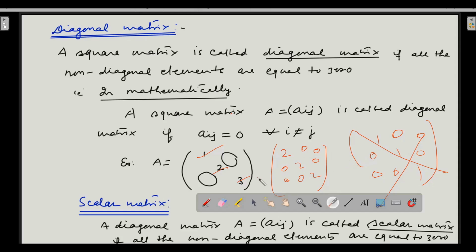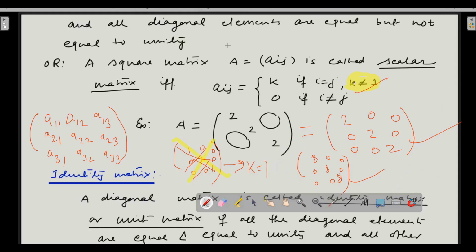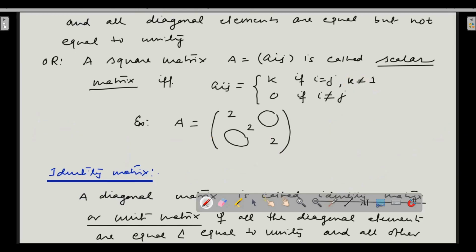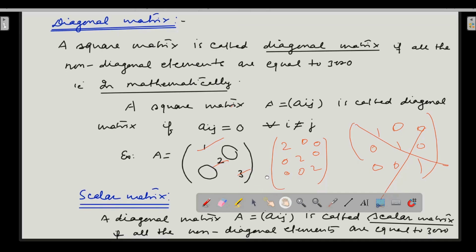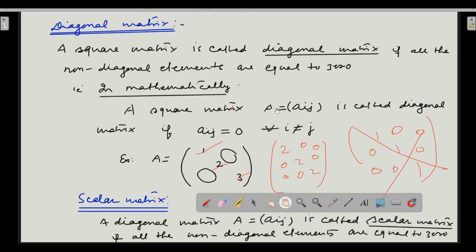Similarly, we can have numerous other examples. So this is the meaning of scalar matrix. I have taught you the mathematical definition, along with the definition in words. So both types of definitions I have told you. Thank you very much.